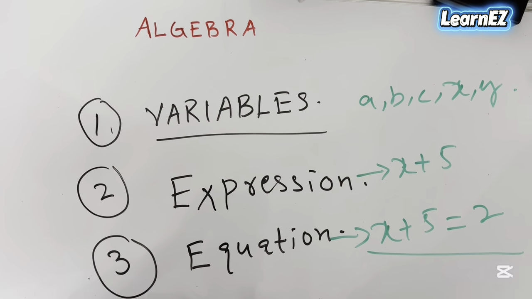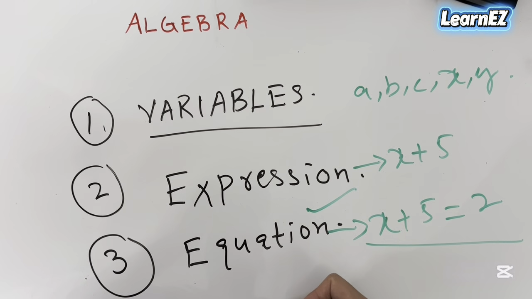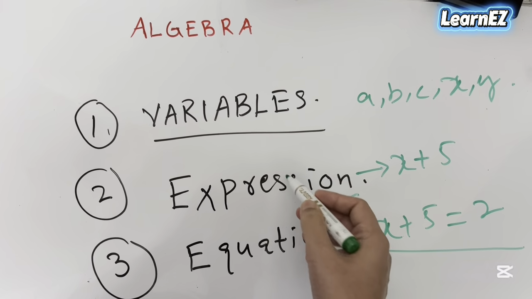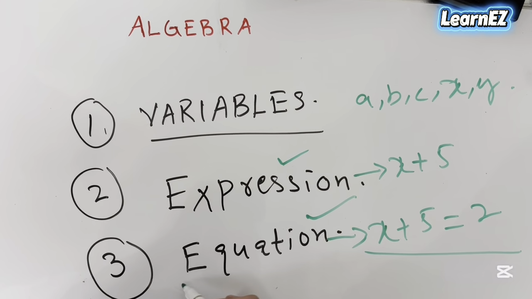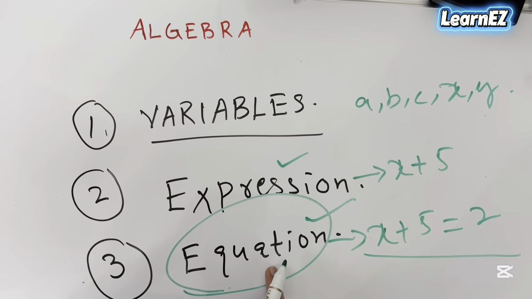In the next one I would love to teach you equations. There are different kinds of equations, and we will also talk about expressions. So this video was actually very important.